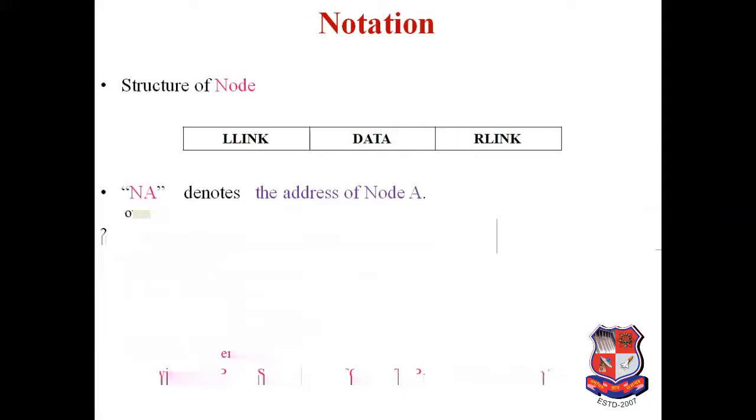Instead we use a notation with the letter N followed by the data of the node. So suppose your node data is D, in that case the address of that node is ND. Suppose your node data is A, in that case your address is NA. So here we use that notation, right?